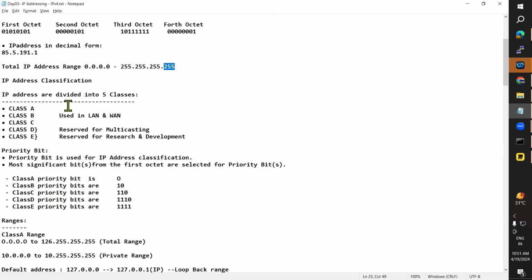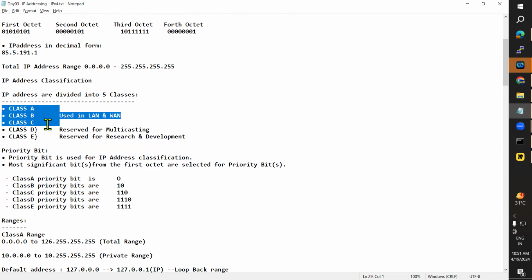IP addresses are divided into 5 classes: class A, class B, class C, class D, class E. Class A, B, C, these 3 classes are used everywhere, in organizations, educational institutes, software companies.